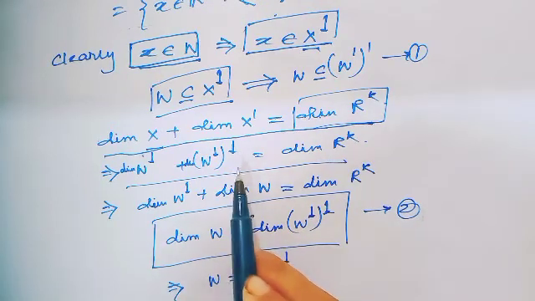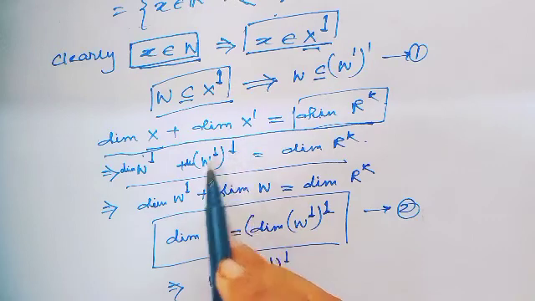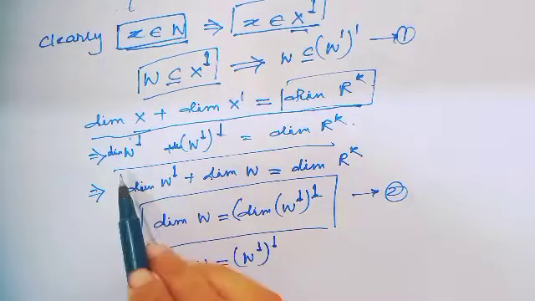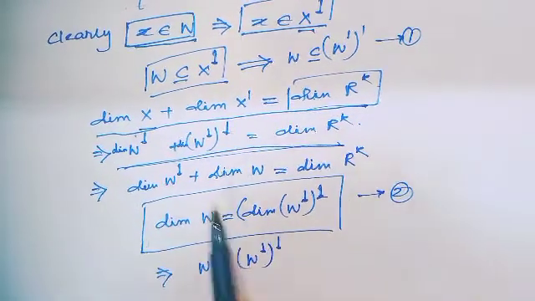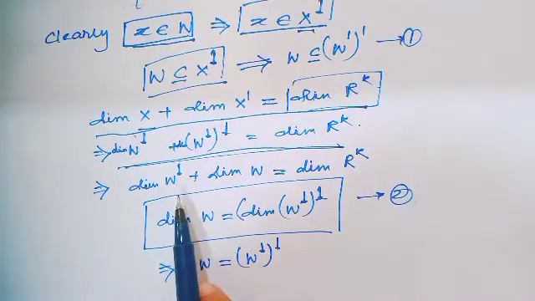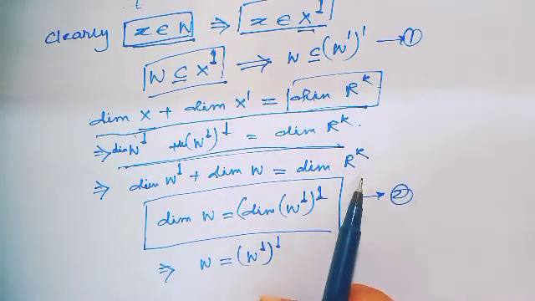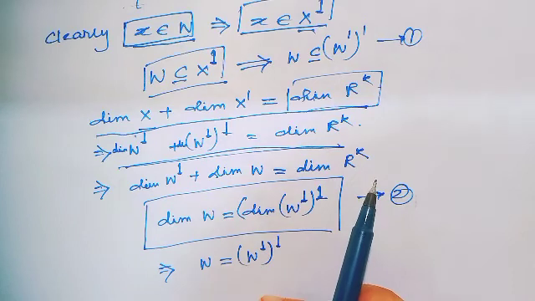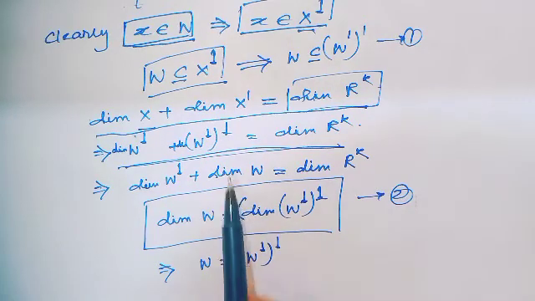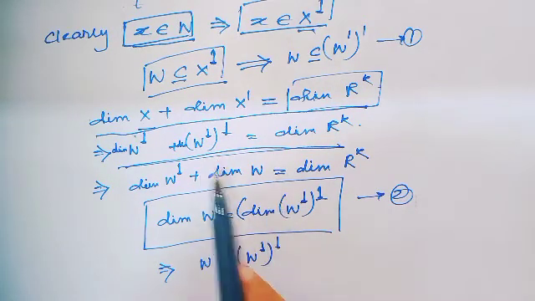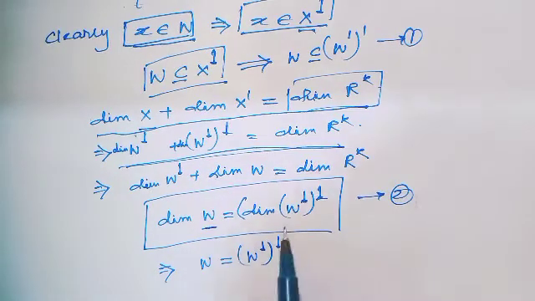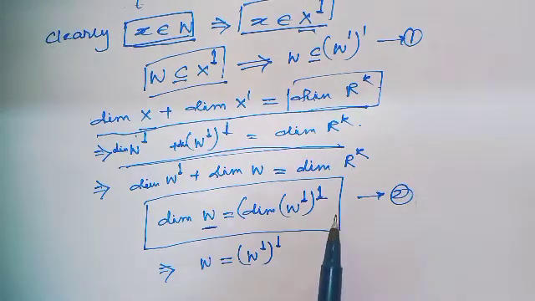And the dimension of W perp perp is always equal to that of W. So by this expression the dimension of W perp plus the dimension of W equals the dimension of R^k. That means I have got the dimension of W equal to the dimension of W perp perp.